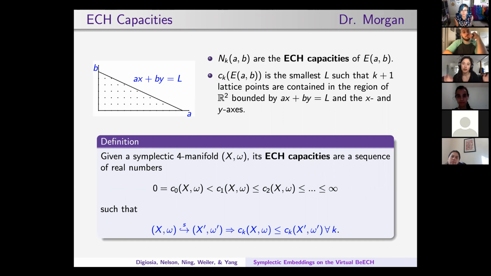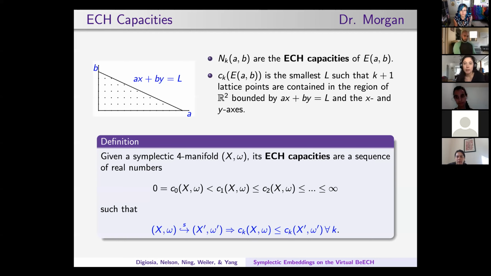We're going to explain how these work, and then talk a little bit more about other obstructions inspired by these, which Hao and Yirong will tell you how to use to obstruct more complicated symplectic embeddings.